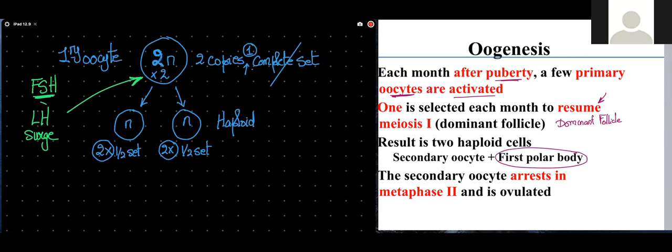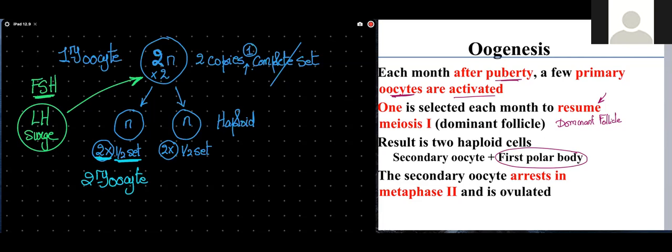This LH surge results in maturation of the primary oocyte into a secondary oocyte. So the secondary oocyte has two copies of half the genetic information.